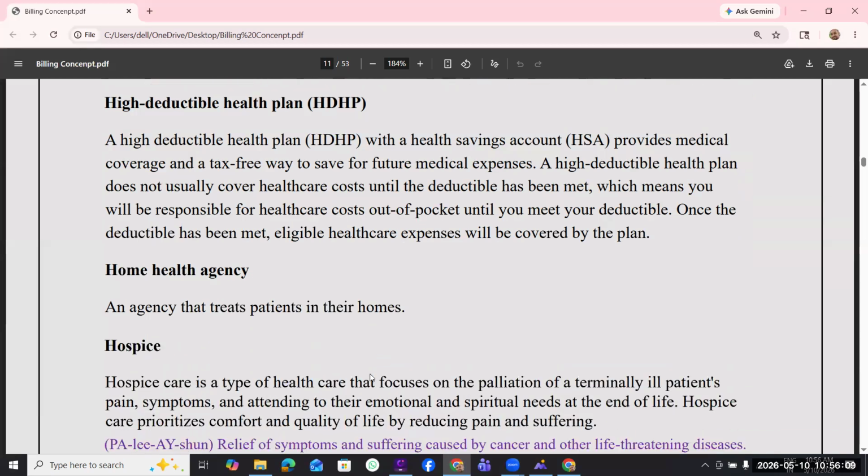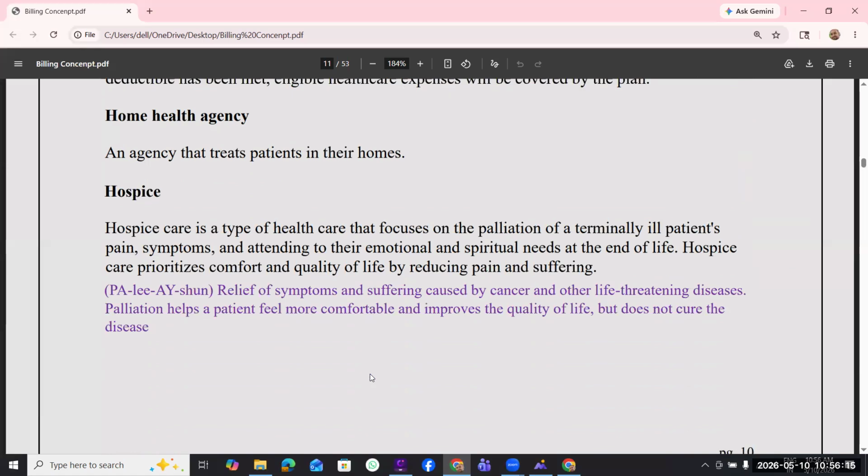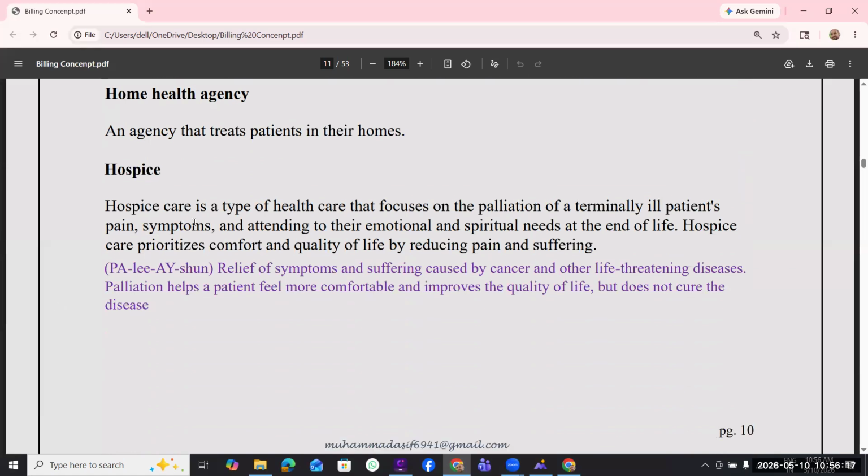Home health agency: an agency that treats the patient in their home is called a home health agency. Hospice: so you'll see here, hospice care is a type of health care that focuses on the palliation of a terminally ill patient's pain and symptoms and attending to their emotional and spiritual needs at the end of life.